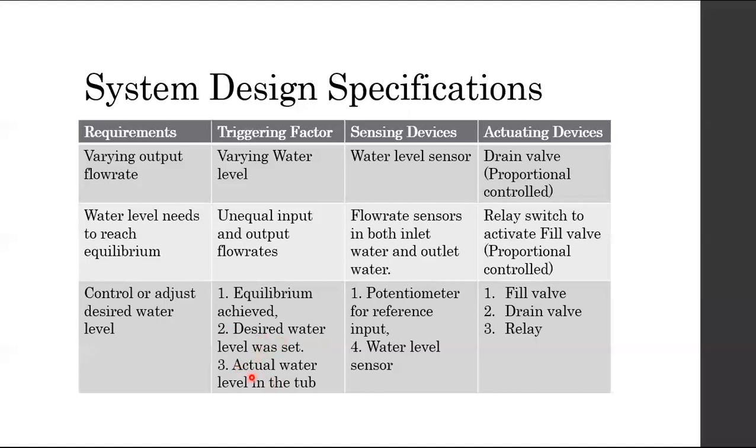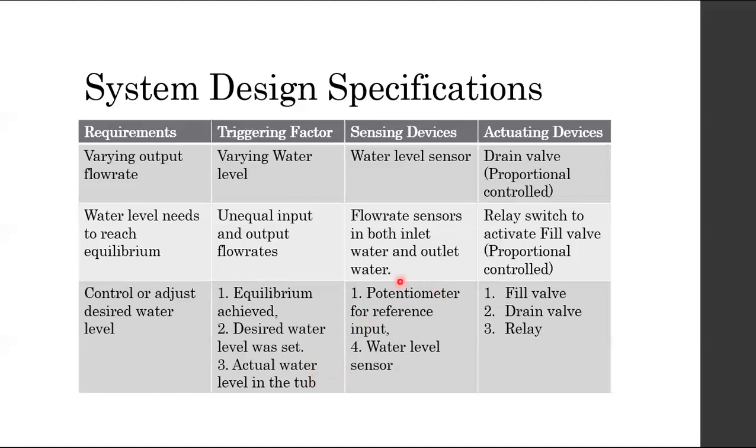And then, another triggering factor is the actual water level in the tub. Okay? So, ano ba yung actual water level? Kasi kanina, nung nag-constant ang water level, hindi naman talaga alam ng user, no? Kung ano yung actual water level. Maaring yung system alam niya na kasi may sensor na siya. Pero kung ano man ito, yun yung starting point ng system natin.